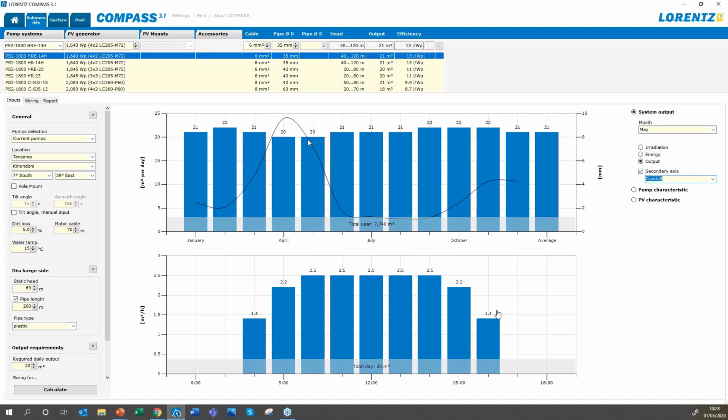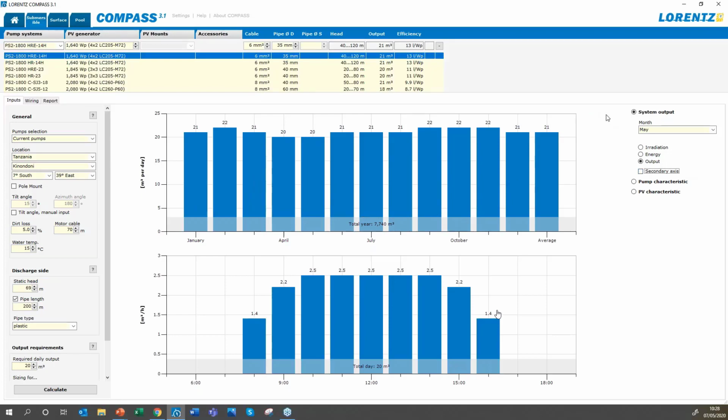Rainy season means there's obviously more cloud cover, less irradiation, less power generated from the PV modules. So that's why we see a lower amount. Again, if you think about many applications, maybe if it's the rainy season, there's less water used. So this is also fine.